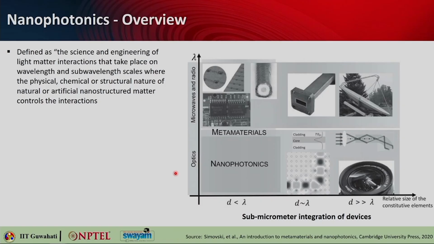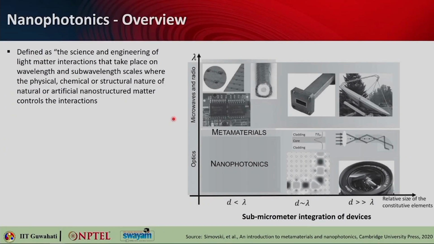So if anyone asks you what nanophotonics is now, you should be able to tell that nanophotonics is basically the science and engineering of light matter interaction that takes place on the wavelength and sub-wavelength scale, okay, where the physical, chemical and structural nature of the natural or artificial nanostructured matter controls the interaction.